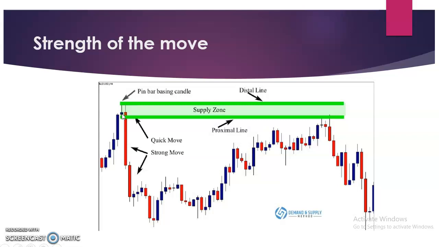And that zone becomes our point of interest. We're going to wait for price to pull into that particular place to mitigate the rest of the orders of the institutions around there.